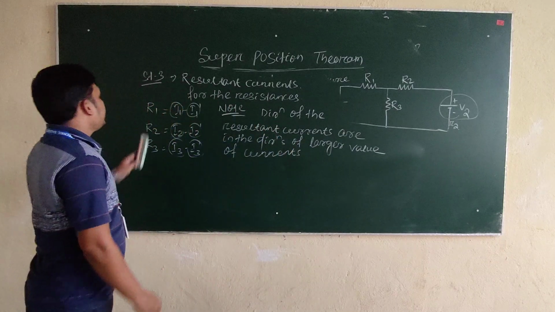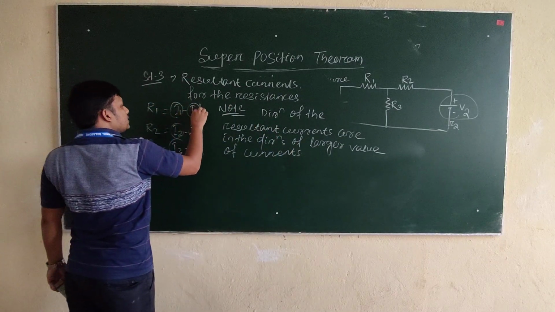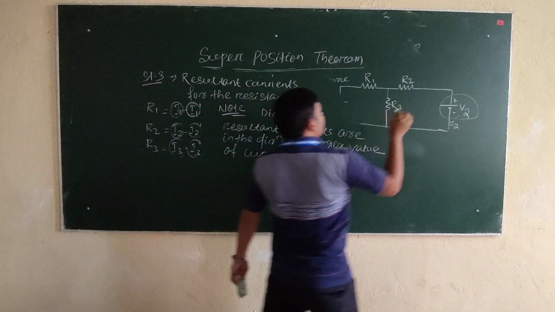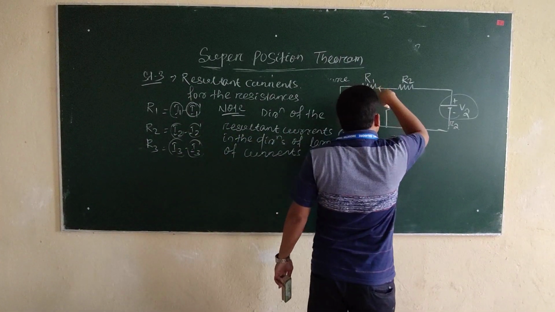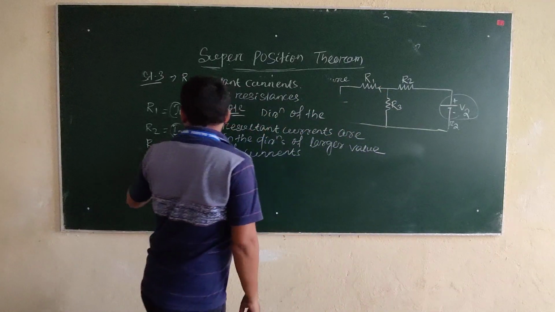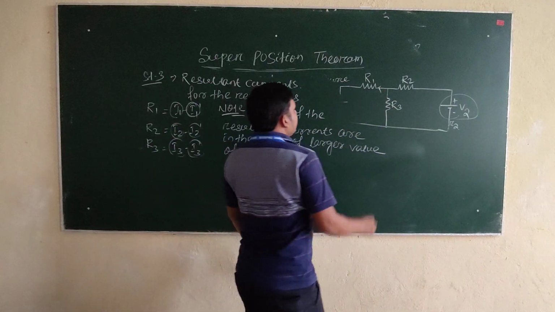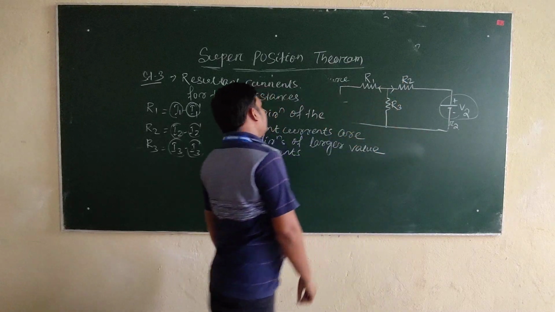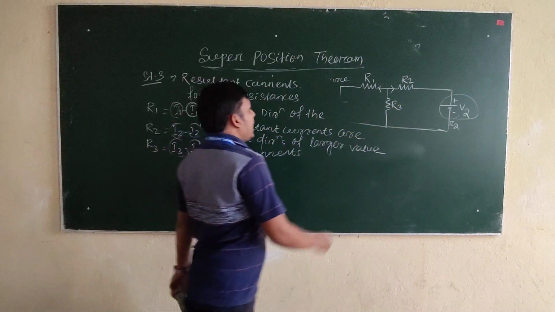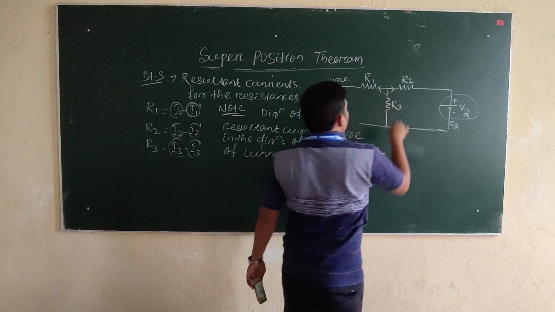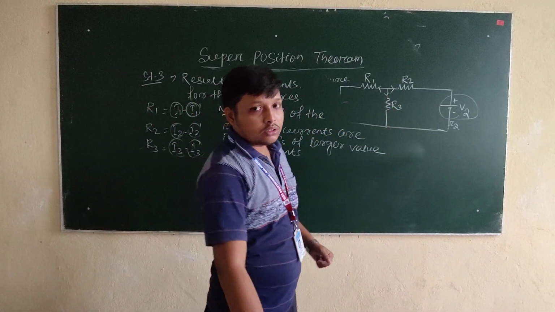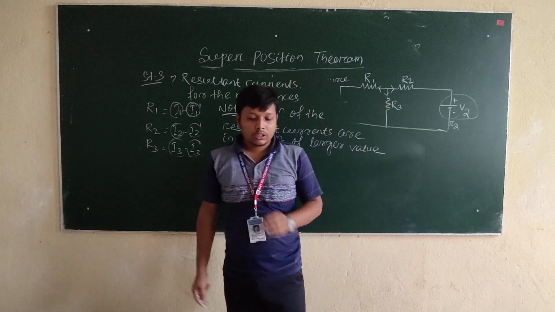For example, if the larger value is I1 dash, then the direction of current through R1 will be according to this side. If I2 has the larger value, then the direction of current through R2 will be this direction. Likewise for R3, this direction or this direction. This is all about the superposition theorem.